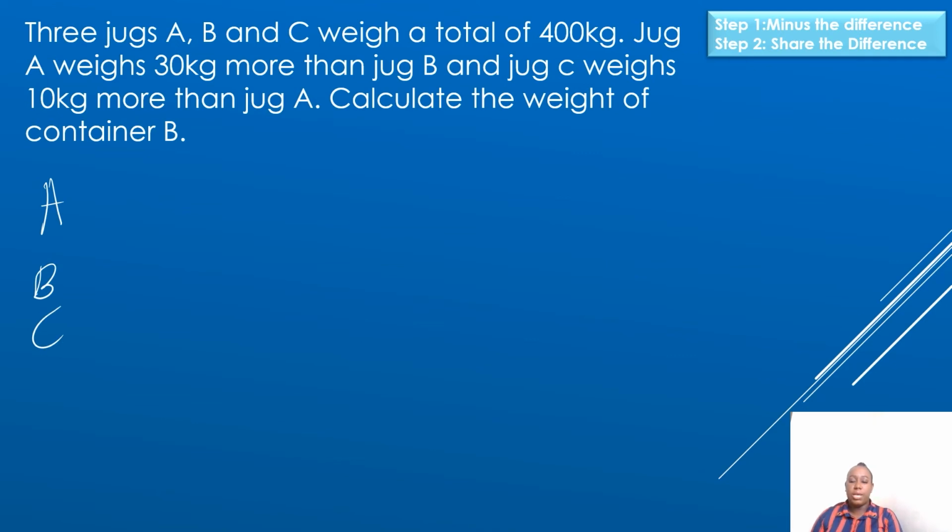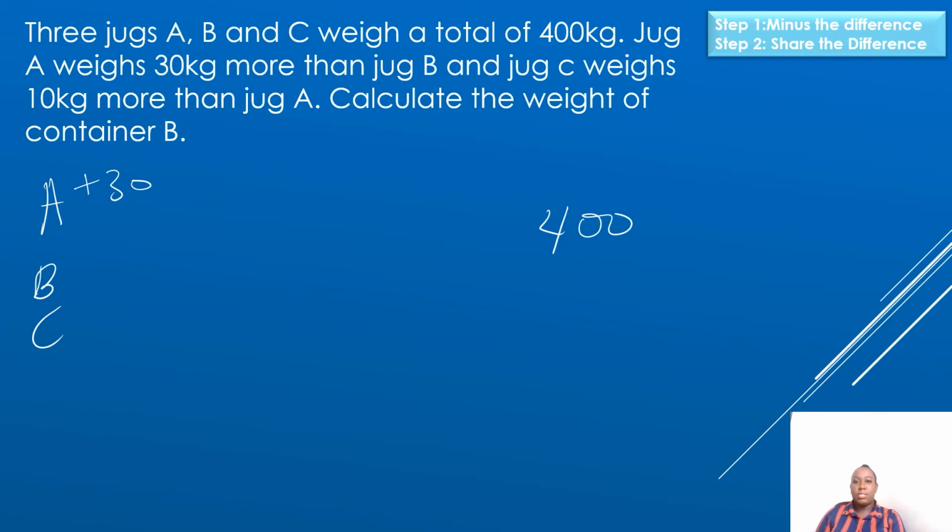Read the information again. 3 jugs A, B, and C weigh a total of 400 kg, so the total is 400. Jug A weighs 30 more than jug B, so jug A is weighing how much more? 30 more than jug B. What do you say about jug C?